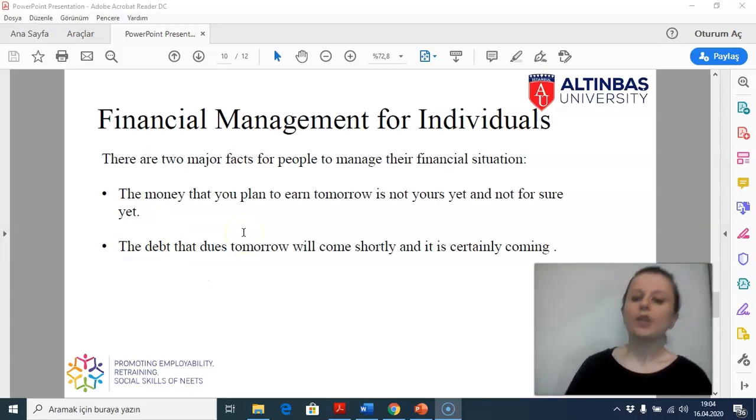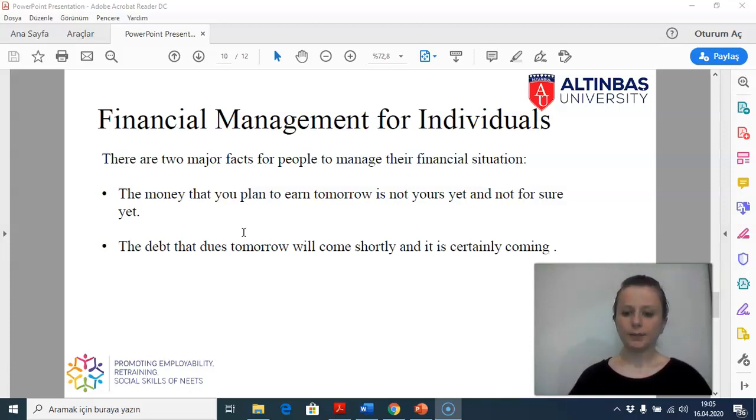There are simply two things that we should never forget. The money that we plan to earn tomorrow is not our money yet, so we should not count on it. Even though it is 99% for sure, you can of course make the plans, but you should not spend it yet.